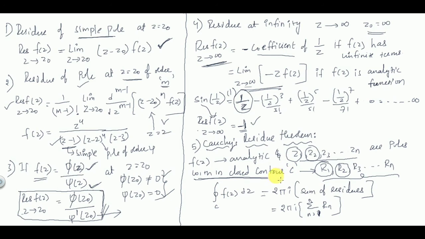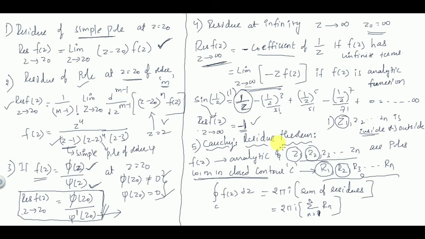The same procedure which we followed for Cauchy's integral formula, we follow here also. The first thing we have to check is whether the poles z1, z2, and so on up to zn are inside or outside the contour.